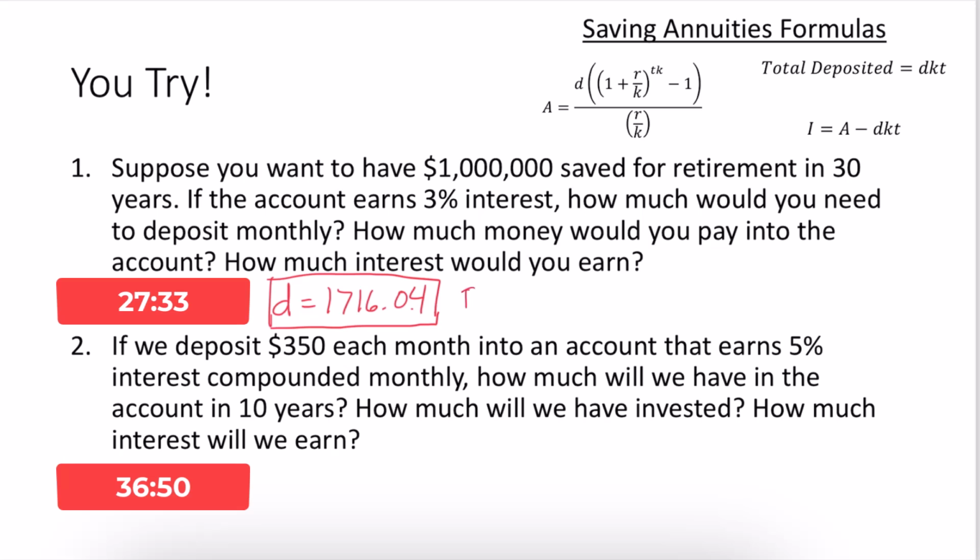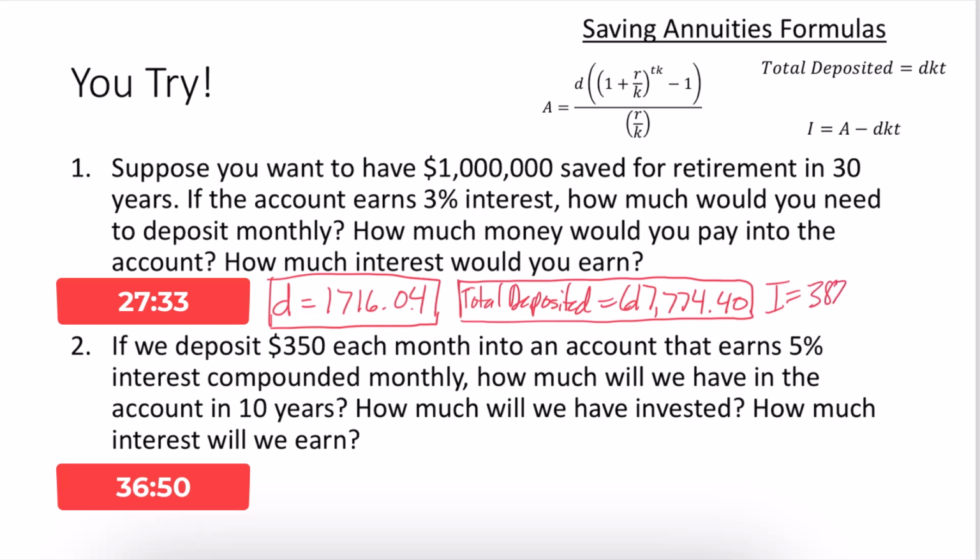So that total deposited is going to be, let's see, $617,774.40. So that's that amount. And then the interest earned is going to be $382,225.60. So those would be the three answers for question 1.